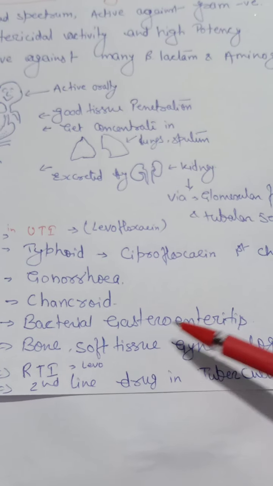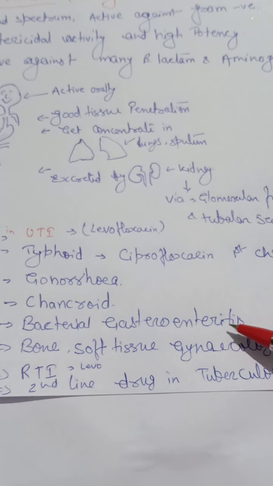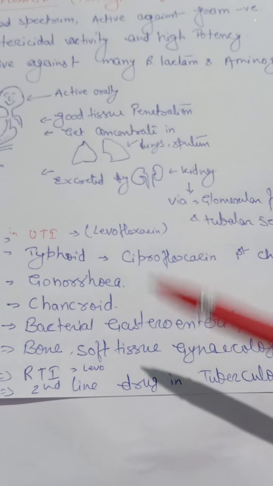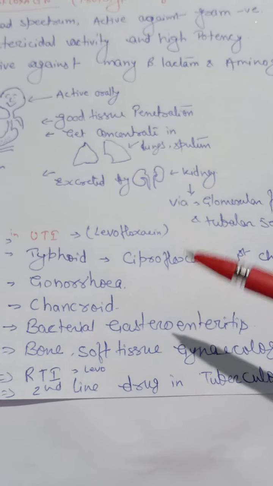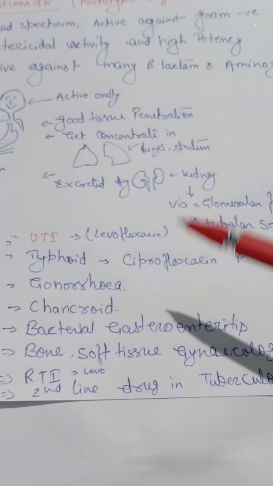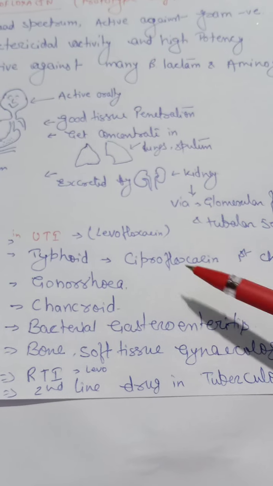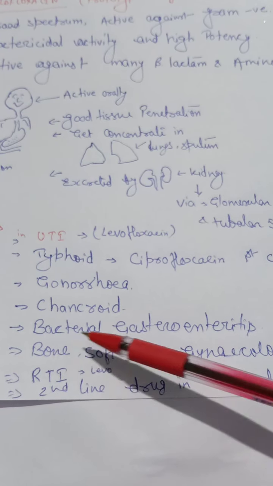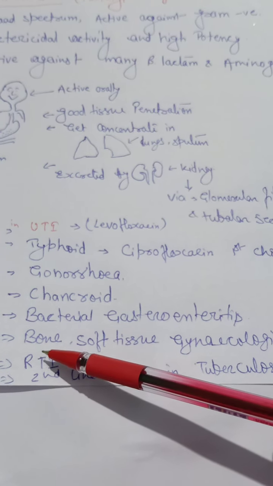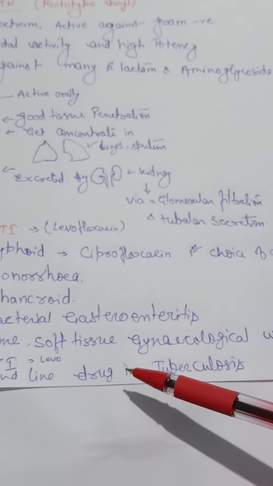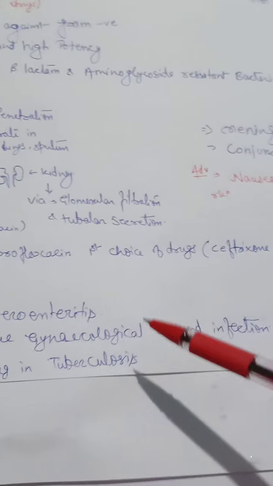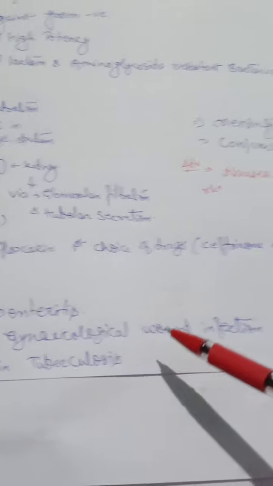We can use ciprofloxacin along with tinidazole or ciprofloxacin with metronidazole. Thus, it is very much active against bacterial gastroenteritis. It is also effective against bone and soft tissue bacterial infection, as well as gynecological wound infection.